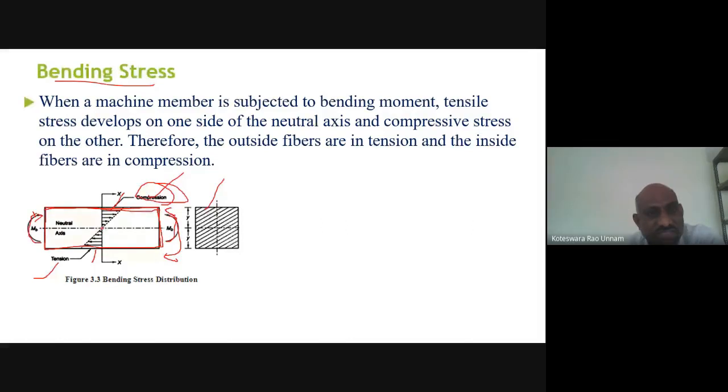So at some location there won't be any stress at all. That point or layer, we call the neutral layer, where the strain or stress is 0. Above the neutral layer you may have tension, or below the neutral layer you may have compression, depending upon the load. In this diagram, you have a compressive stress above the neutral layer and a tensile stress below the neutral layer or neutral axis.